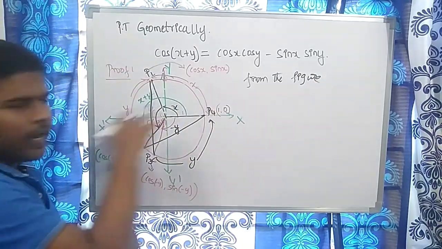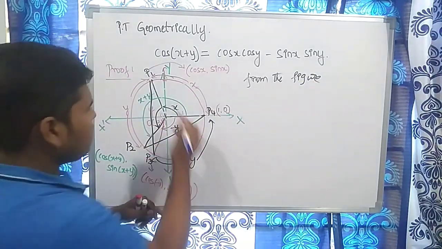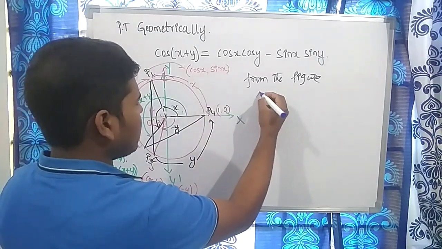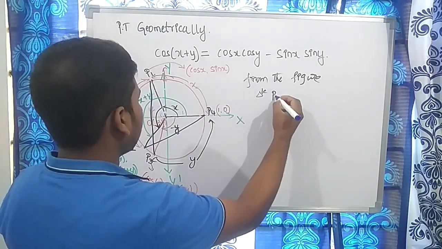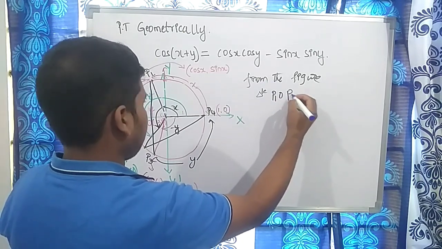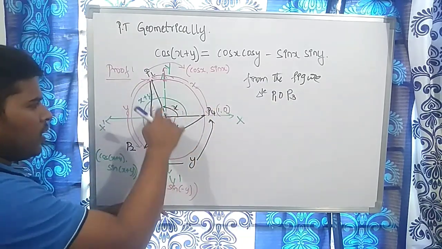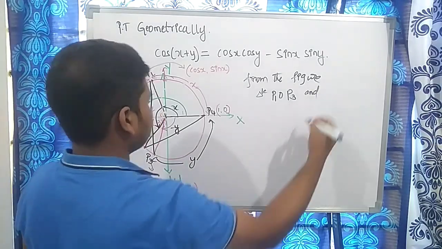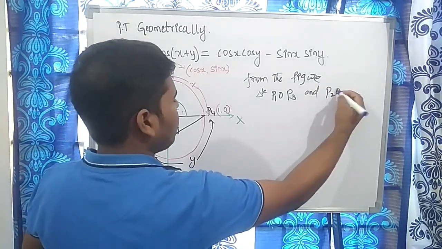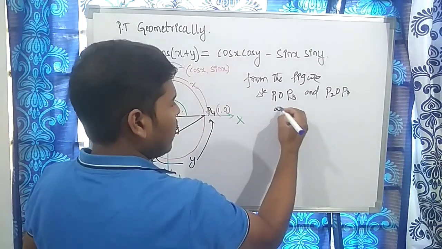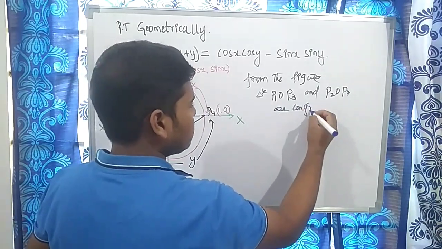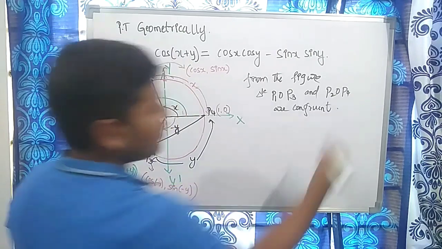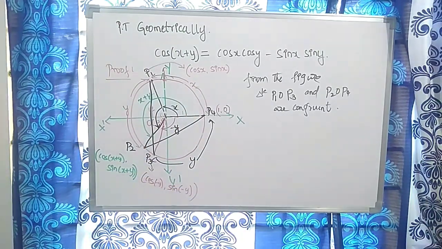See here, from the diagram we can say triangle P1O P3 and P2O P4 are congruent. These two triangles are congruent.